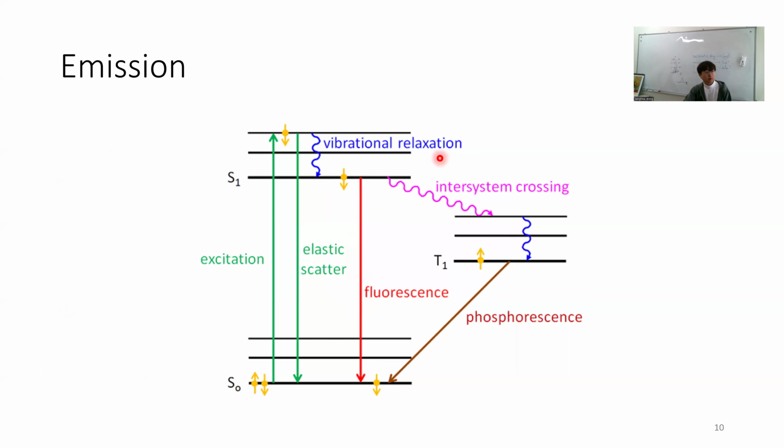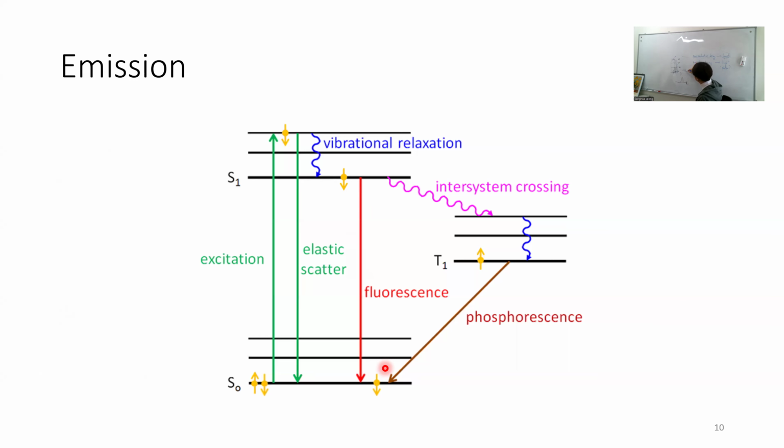And when intersystem crossing happens, which is not very important, assume there are electrons. The electrons have spin, spin up and spin down. With a very simple consideration, there is one up-spin electron and one down-spin electron.